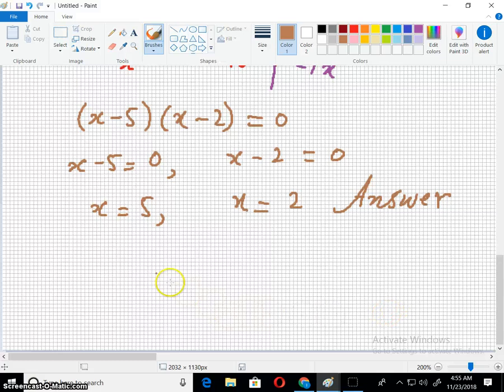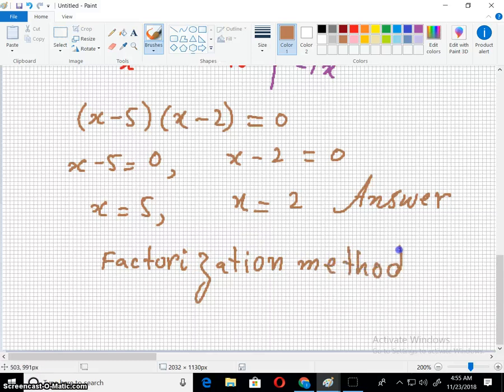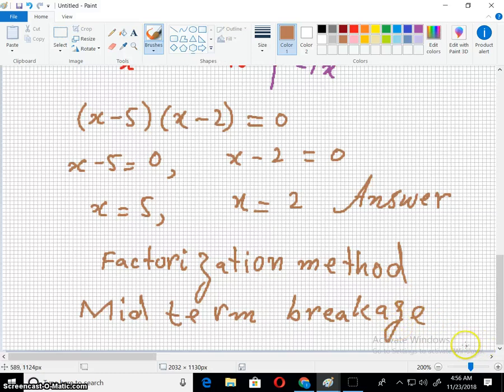This method is also sometimes used in the factorization method, which is also called mid-term breakage method.